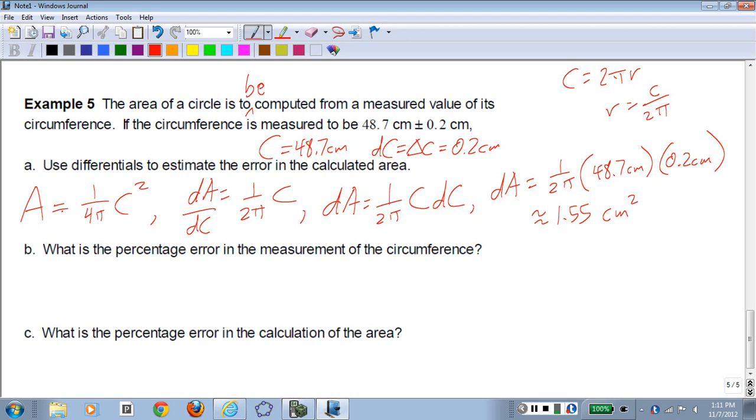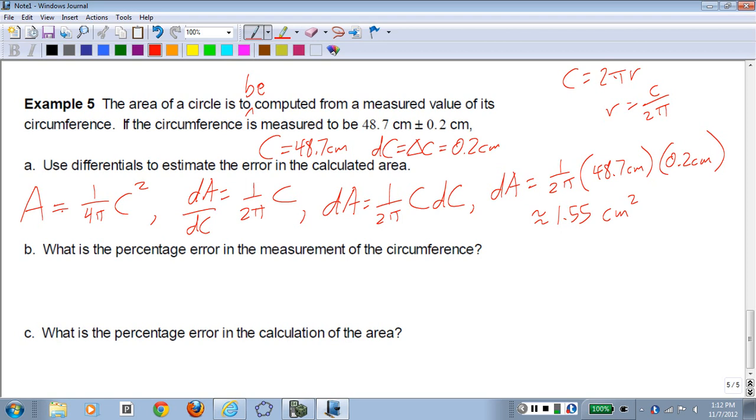If this is off by as much as what, 50%, if the actual value is 3 square centimeters, we could be off, and we're off by as much as 1.55 square centimeters, that's pretty bad. But if the actual value is 3,000 or 30,000 square centimeters, and we're off by 1.55, that might be a really, really good measurement.